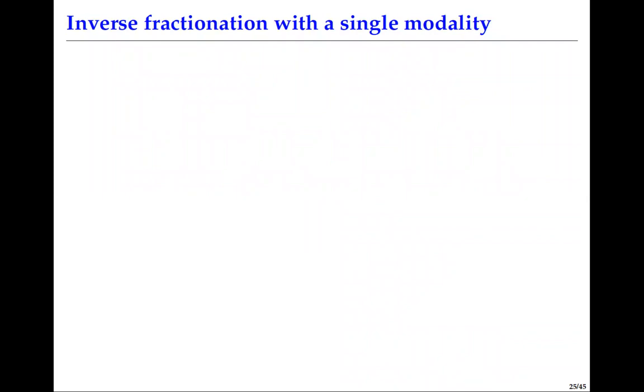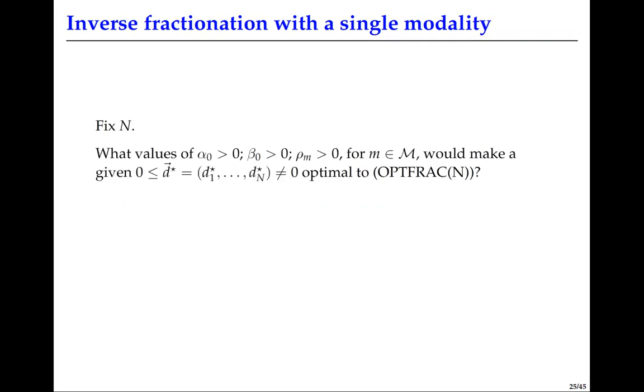Okay, so I'm going to move on to another way to look at this uncertainty, and that has to do with inverse fractionation. And the idea in inverse fractionation is as follows. Again, let's fix n, and a question that is debated in the clinical literature roughly takes the following form. What values of the parameters, so the tumor parameters alpha 0, beta 0, as well as the normal tissue parameters rho m, would make a given dosing plan optimal to the optimal fractionation problem?